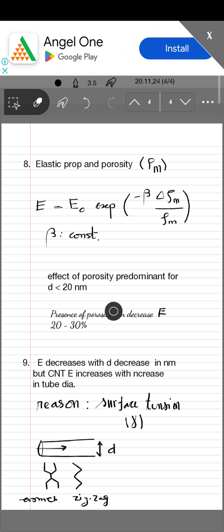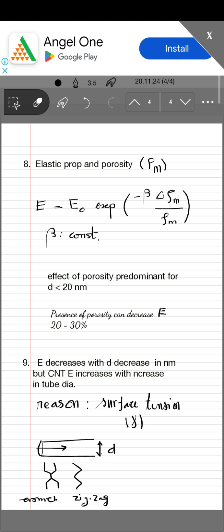However, it has been observed that the elastic modulus, although it may decrease with a decrease in grain size, in some nanomaterials like carbon nanotubes shows the opposite effect.